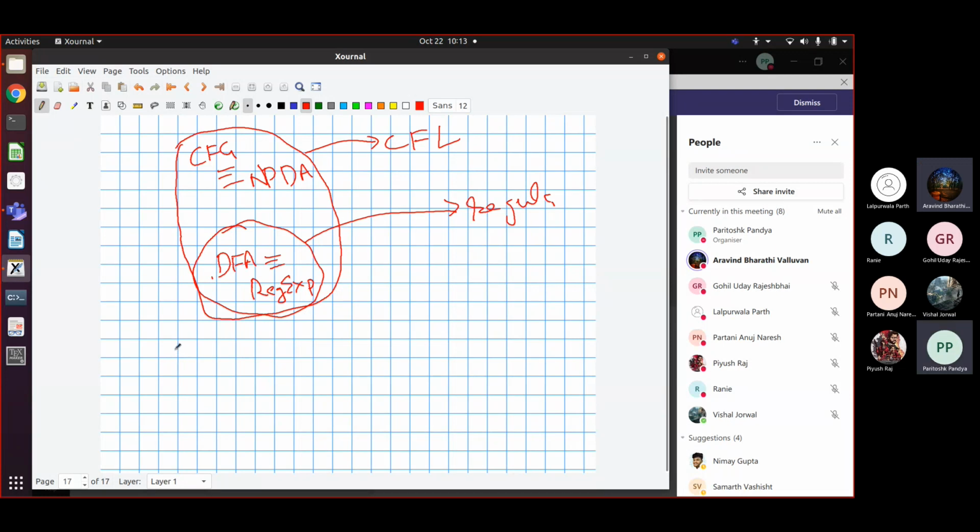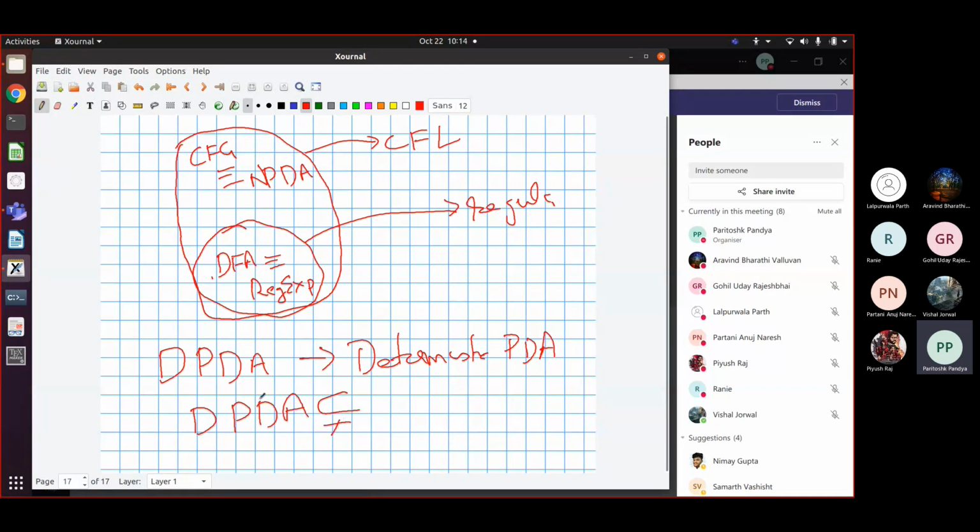Right. So it turns out that DPDA, deterministic push down automata, happen to be less powerful than non-deterministic push down automata, and you cannot convert everything. It's a subset but not equal to NPDA. This is the theorem. Again, something we are not doing, but you should know this fact.